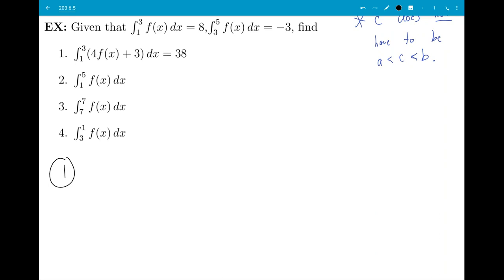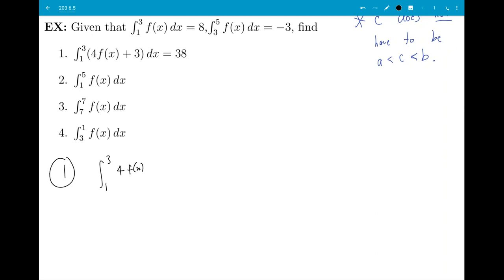We're given two pieces of information about the function f. Let me just say that this 38 is the answer. I've done a copy-paste from my notes. So I'm going to show you how to get this 38.